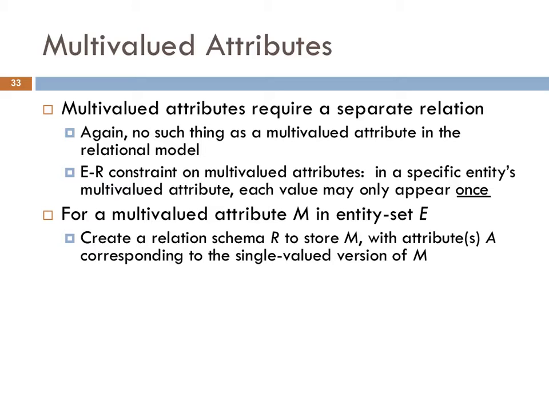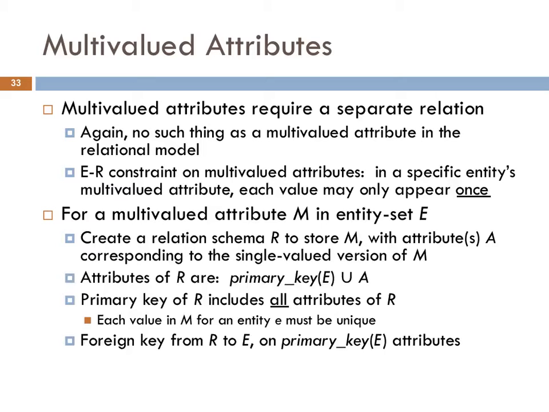This is bad because R is something we frequently use for relationship sets, but you'll just have to bear with me. Relation schema R to store M with the attribute A, the single-valued version of M, plus the primary key of the entity that references it. And we just have multiple rows: one row for each value in the multi-valued attribute.